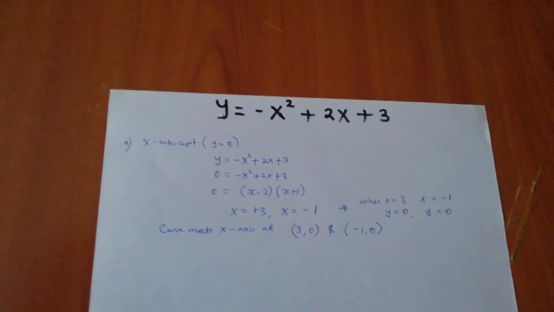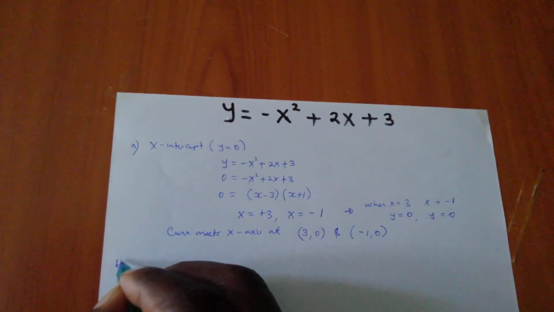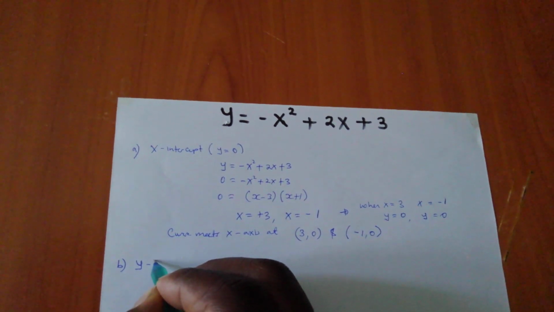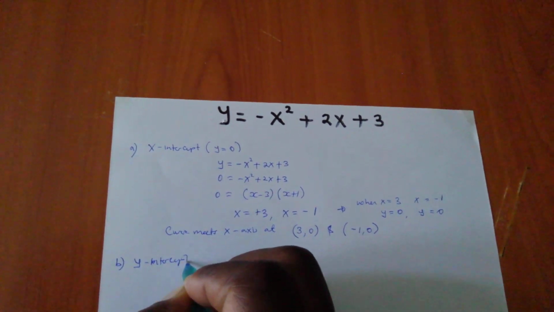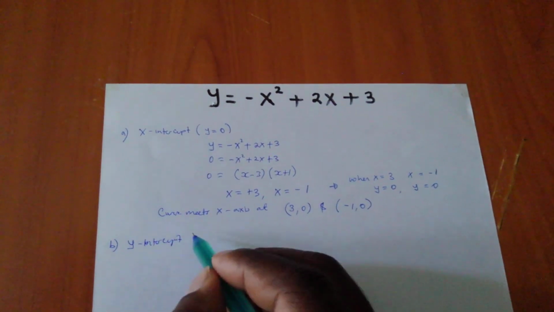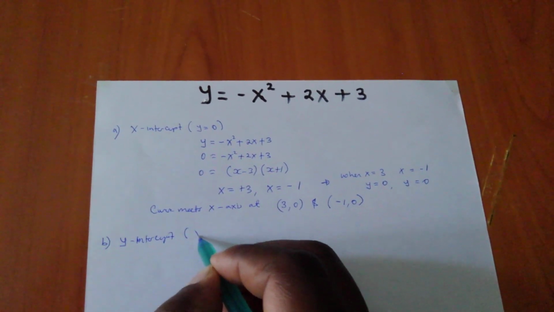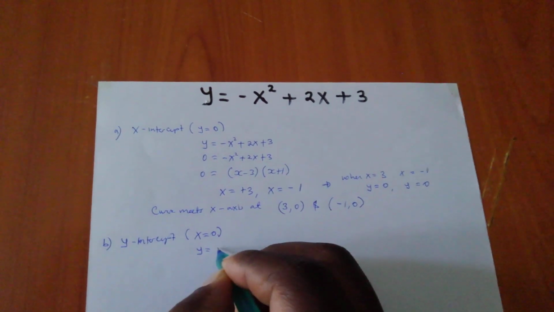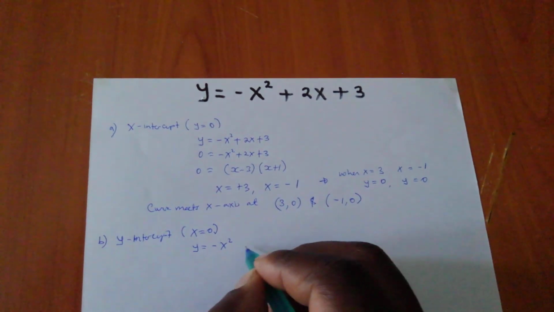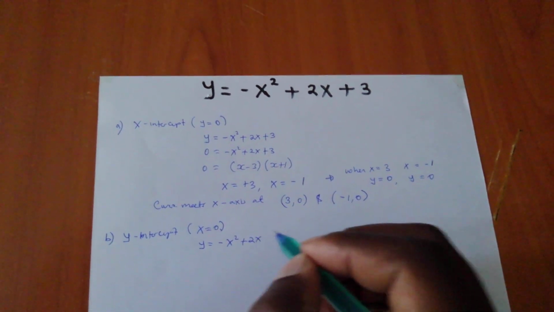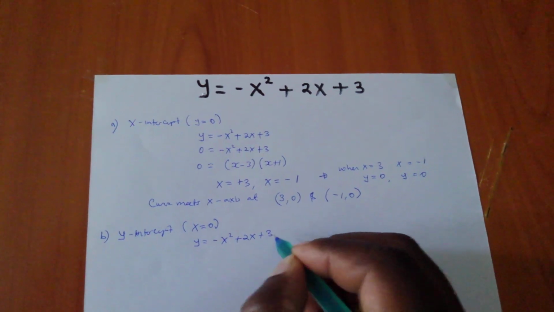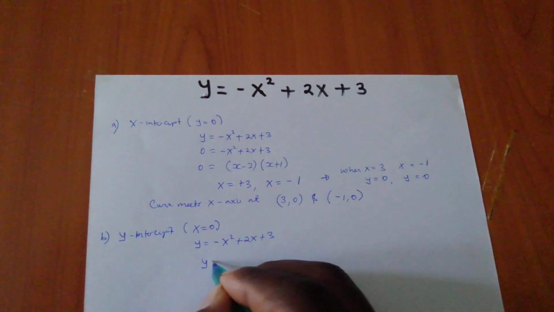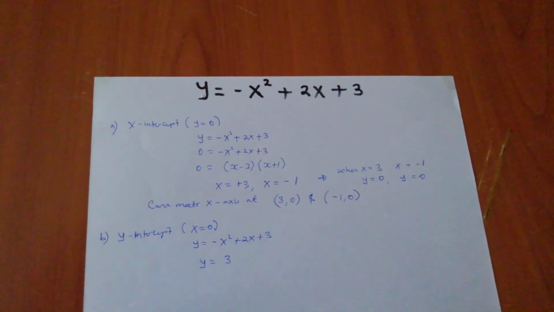The second one, let me call it part B. I have to find the y-intercept. Now the y-intercept, this is where x equals 0. Having our original equation, plus 3, putting my x as 0, my y will just be a positive 3.